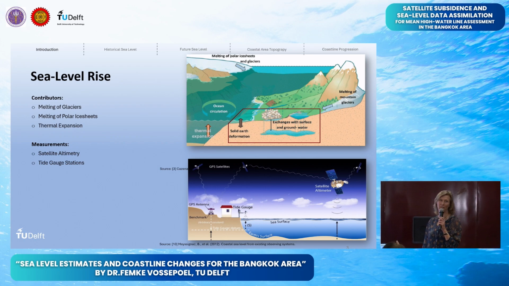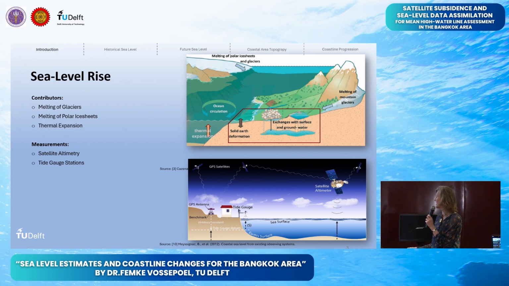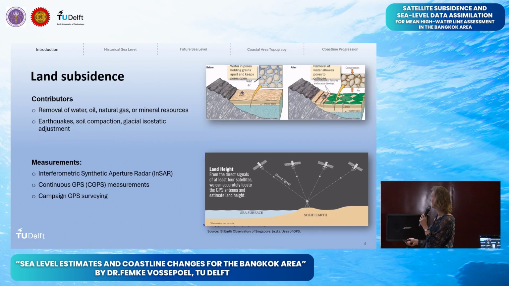Those are the main contributors to sea level rise. And we can observe it, as Mark also illustrated quite nicely. This picture is a bit of a simplified version of what Mark showed. We can observe this with satellite altimetry and with tide gauge stations. And the tide gauges are what form the basis of the work of Tijmen.